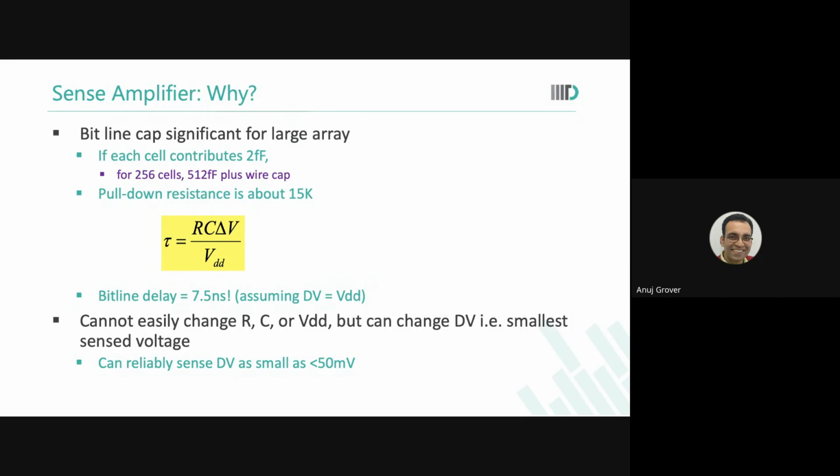Now, if we want to speed up the memory, we would rather use an amplifier where a small voltage discharge can be quickly read as, let us say, 0. Are you with me? So that is about speed. But then I also heard the term power. How does it reduce power also?